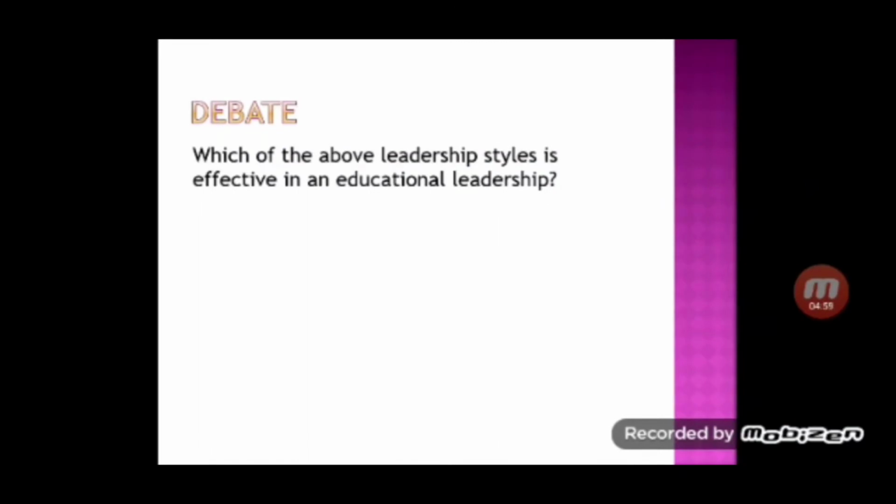For me, I think the most effective leadership style in educational leadership would be the democratic leadership style, because students and teachers should be connected, and teachers should know how to take care of the students' welfare, and also know each of his or her students, because some students are privileged and some students are not privileged.